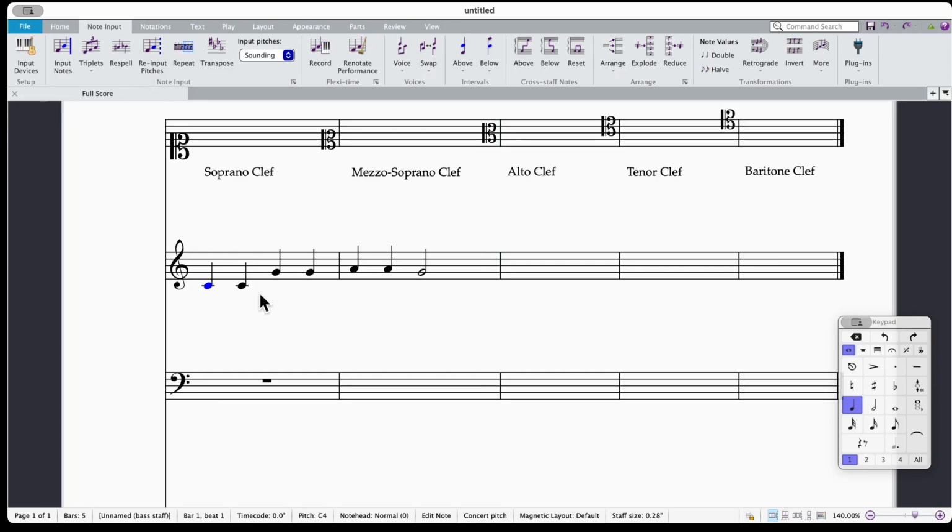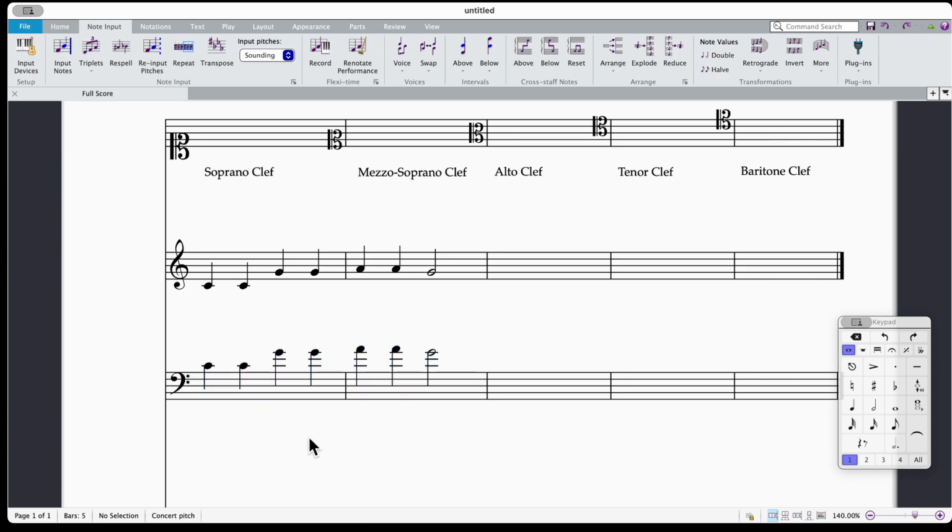And the reason why we needed these different clefs is because if I wanted to have that same melody in bass clef, look at all those ledger lines. These are the exact same notes, treble clef and bass clef. So it just didn't make sense to have just the one clef.